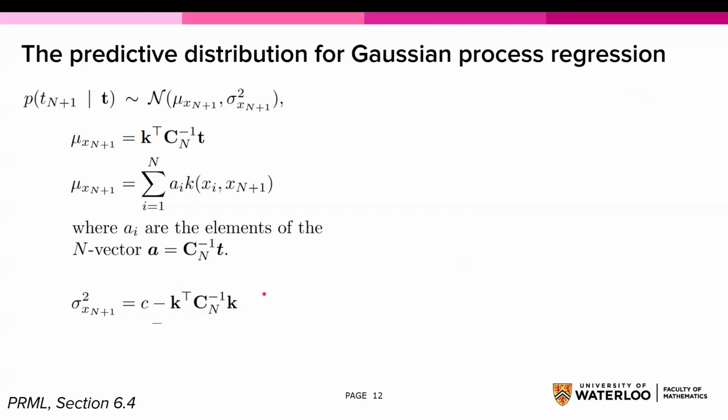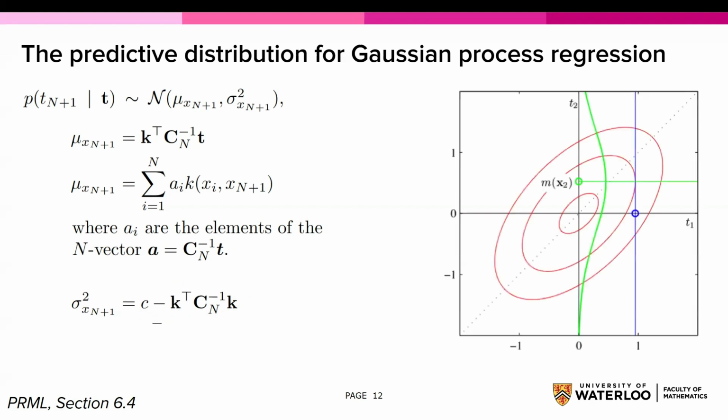Okay, so that was a lot of math, but to provide some intuition for the overall process we followed, let's take a look at this figure. This graph provides a visual representation of the process we just went through. The red ellipses show the contours of the joint distribution over a single training point, T1, and then a single test point, T2.